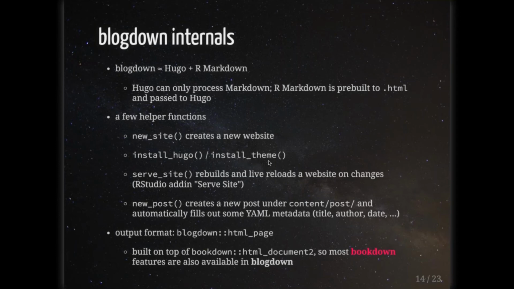If you want to install an additional theme, you can use the install_theme function. If you want to automatically rebuild and reload your website, you can use the serve_site function, or equivalently use the RStudio add-in Serve Site. And there's also a new_post function, which I think is also very handy.